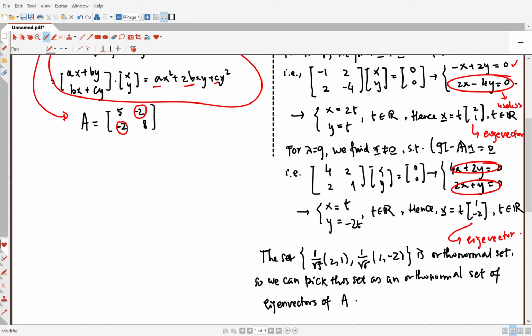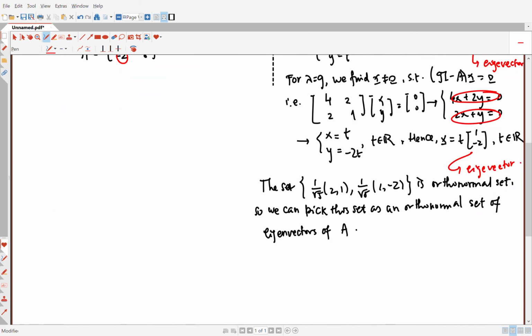Yeah, from question 6 we have shown that we do not actually need to check whether these two are orthogonal, because they must be orthogonal to each other. What we need to do is just normalize this vector and normalize this vector and put them in the same set.